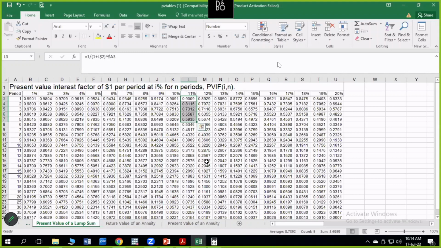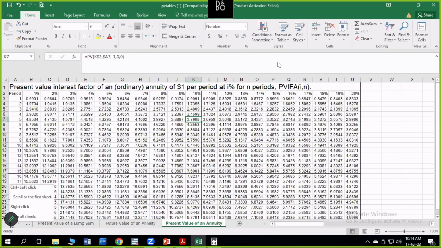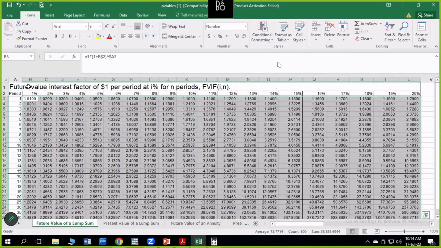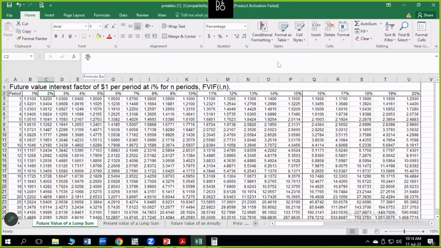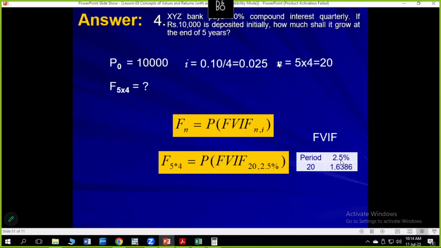When I pick a value for 20 periods at 2.5%, 1.6386.